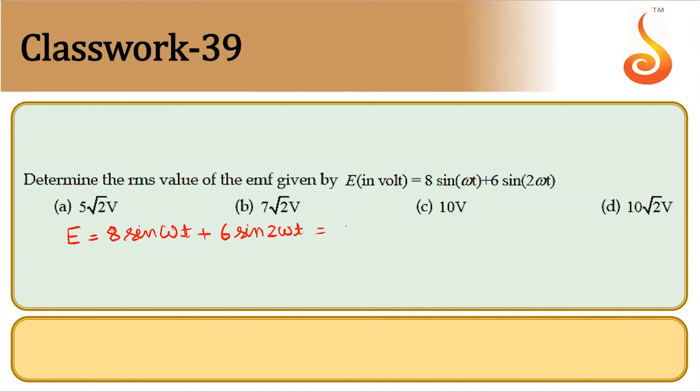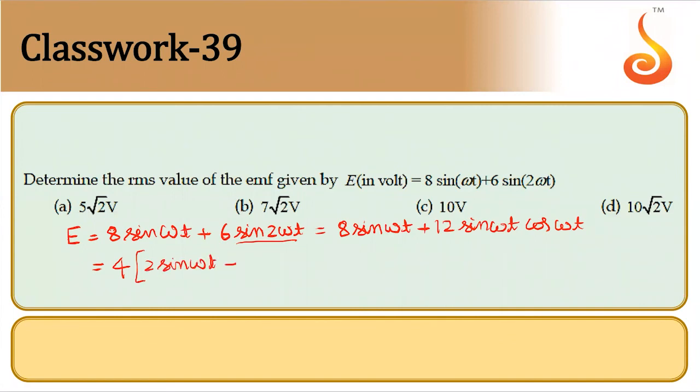That is equal to 8 sine omega t plus sine 2 omega t, expand it, so it will become 12 sine omega t into cos omega t. So you can take 4 common in these two.